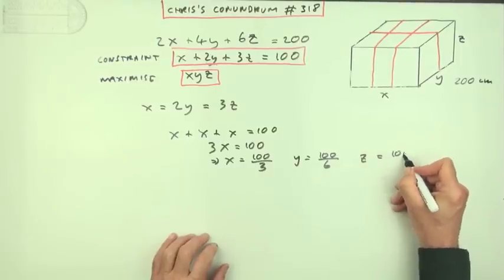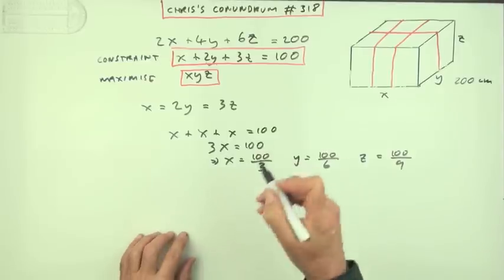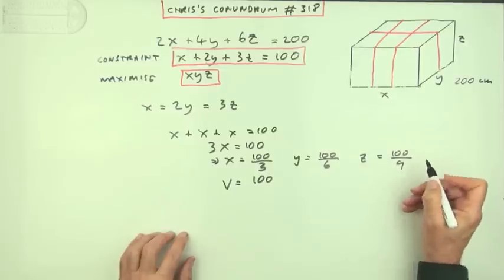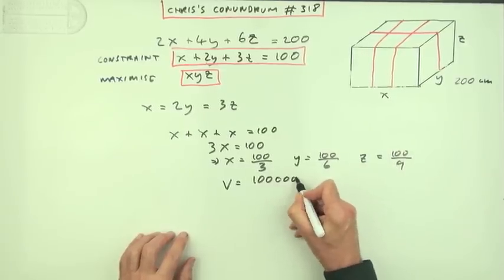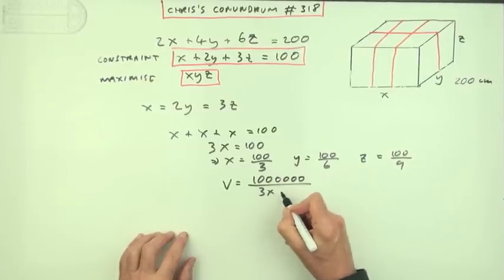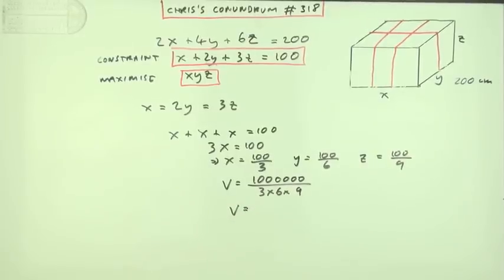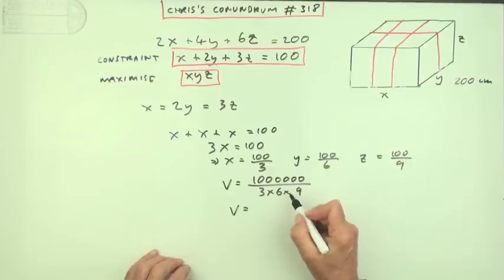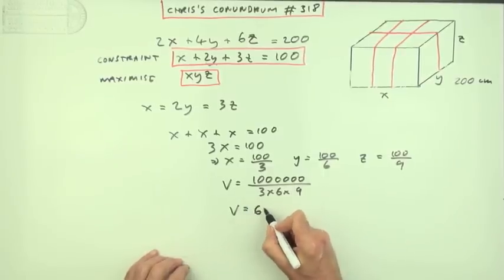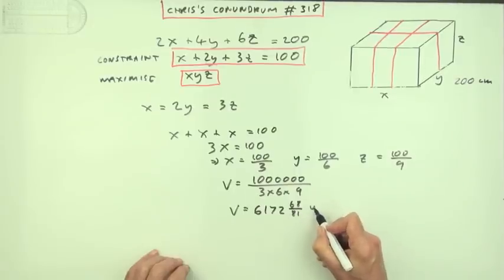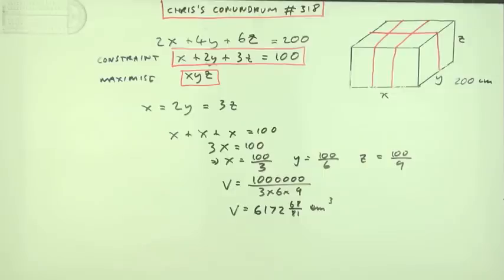Z will be 100 over 9, which would give me a volume of 100 times 100 times 100, so it's 100 cubed, or I could just put it down as a million, over 3 times 6 times 9, which should give me a maximum volume of, if you just put in your calculator to get this as a mixed number, 6172 and 68 over 81 centimeters cubed.